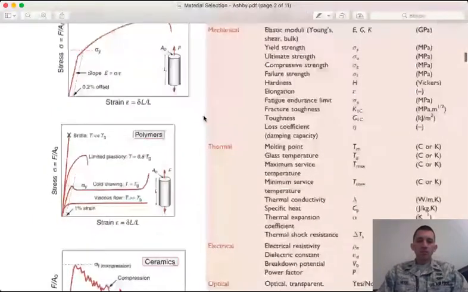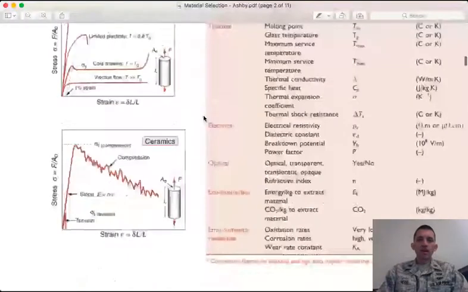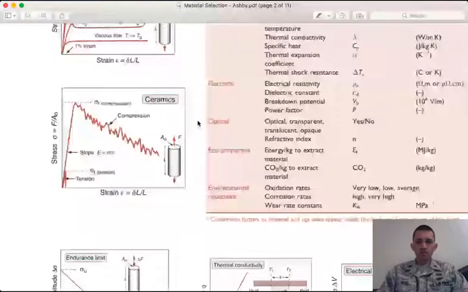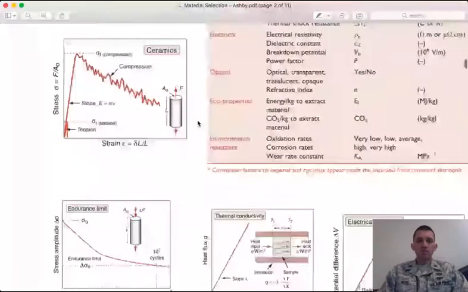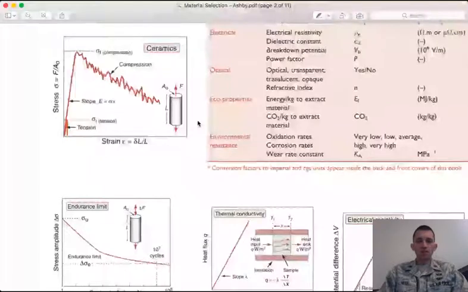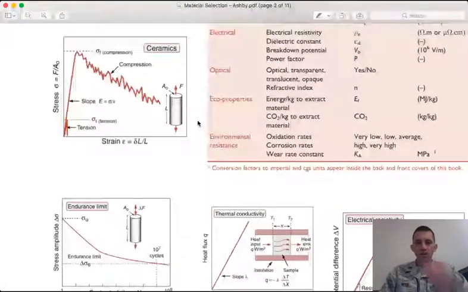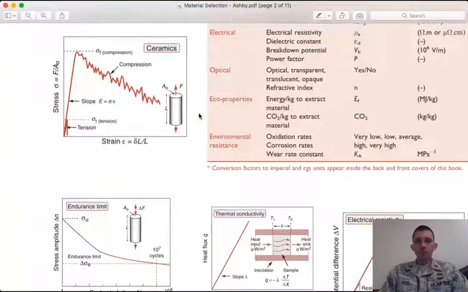And then mechanical and thermal, as reflected here, are probably the biggest two. And then other material properties fall into what I think of as niche applications or niche properties, in the sense that you care about them a lot for certain applications, but they're kind of secondary for many others, and those would be like electrical properties, optical properties, and then the environmental impact and environmental resistance.